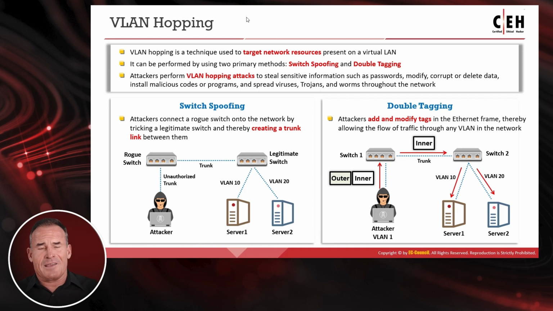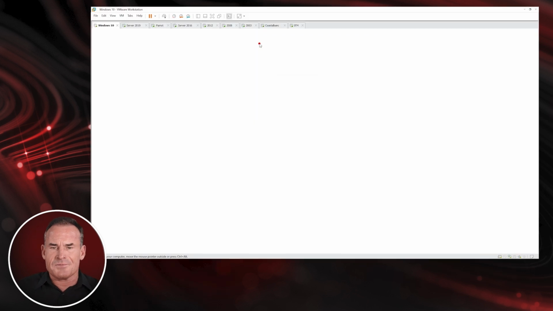All right, VLAN hopping. VLANs are virtual LAN segments. Your traditional network segmentation requires routers and switches. So the router becomes a perimeter or border and encapsulates your broadcast domain.